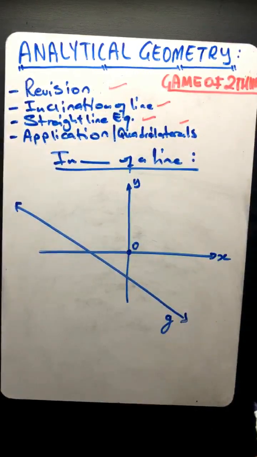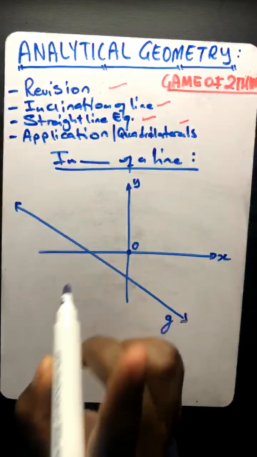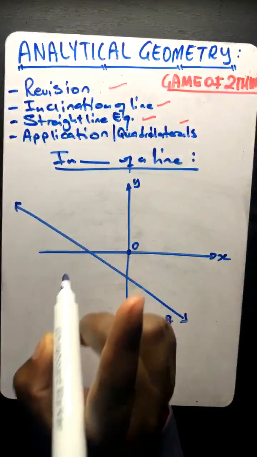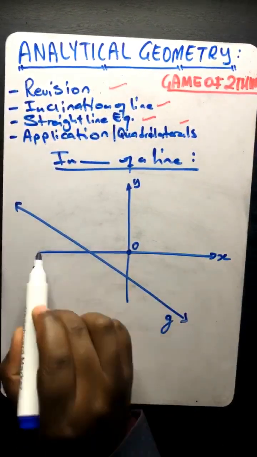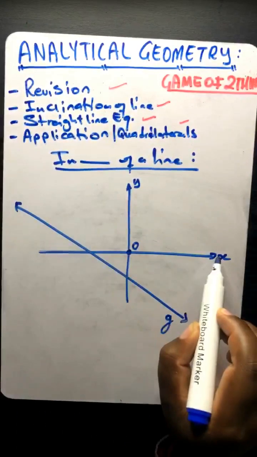Here comes a question. Where or how do we represent that angle of inclination? We said it is the angle which is formed with the horizontal. This is the horizontal.